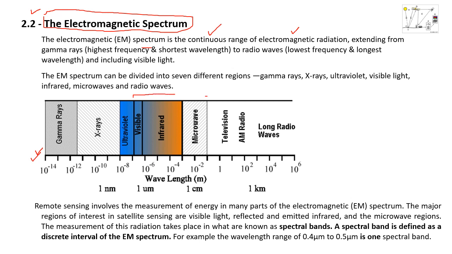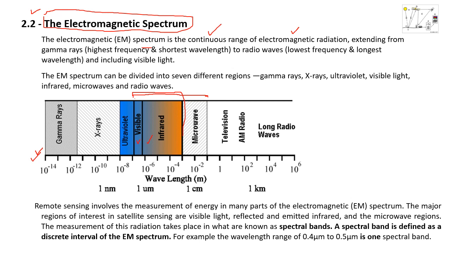to, we can say, microwave also. But here in passive remote sensing, we use only this energy here, visible and infrared only. Okay, so visible is here.